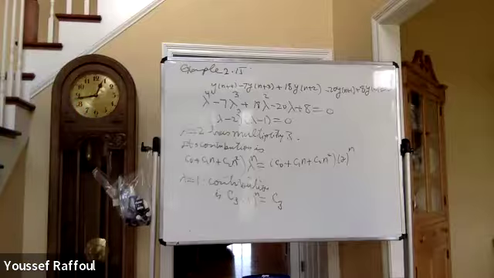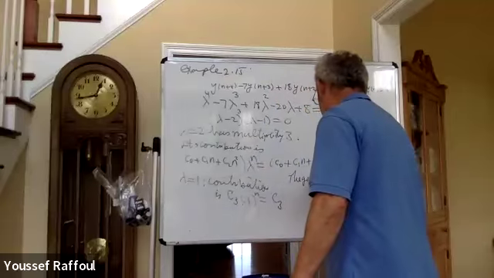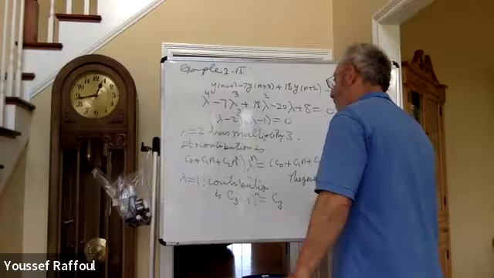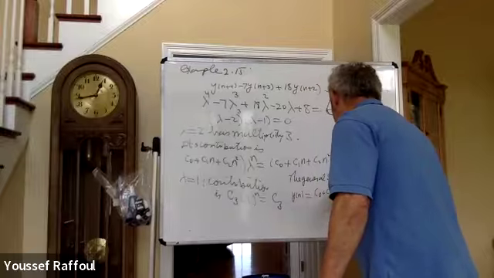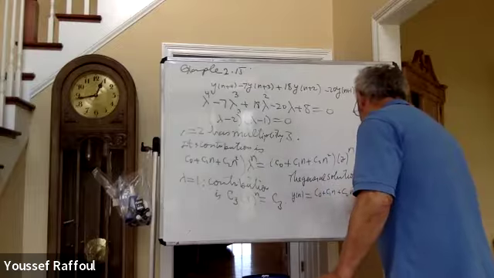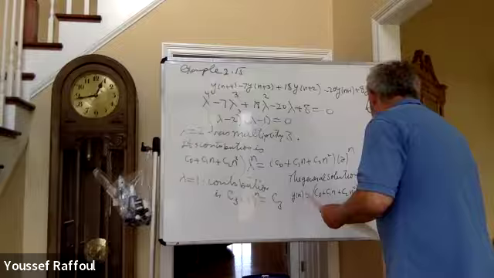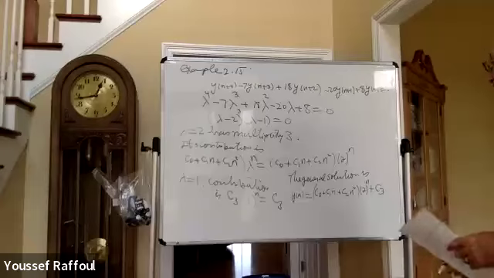Okay? So the general solution is y_n equals (C0 plus C1 n plus C2 n squared) 2 to the power n plus C3. Okay, so that is the general solution.